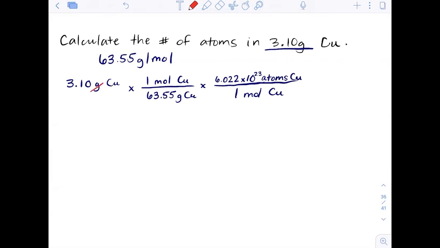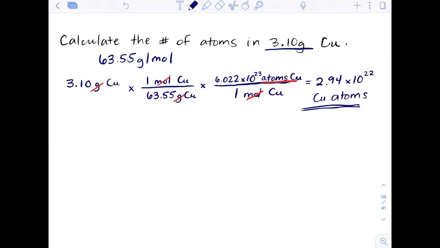Make sure that your units cancel. Grams cancel, moles cancel. We're left with atoms. Lovely. So we would do that calculation: 2.94 times 10 to the 22 copper atoms.